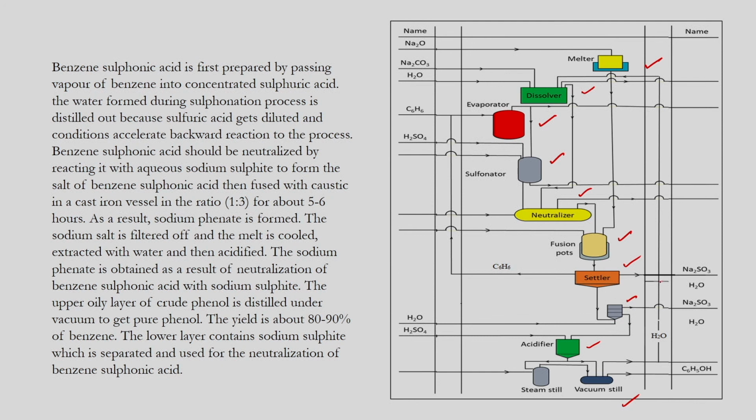that will be formed during the fusion reaction, and also some extra water will be there. To get a concentrated solution, that water is vaporized or distilled. There is also a settler where the sodium salt settles down, and the benzene is recycled to the fresh benzene feed.